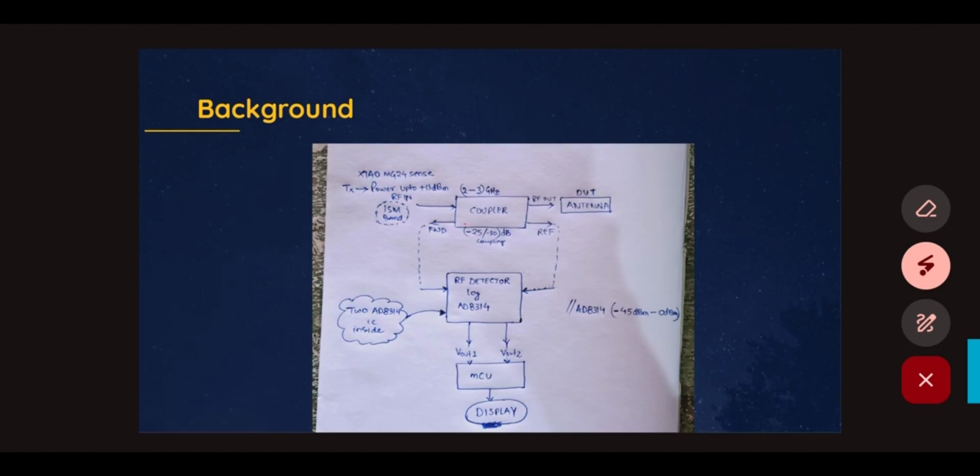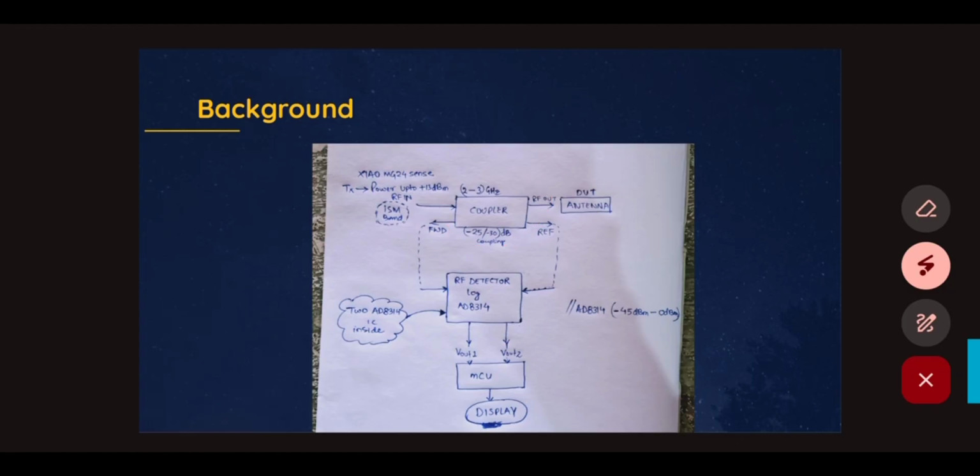All we need is some power in this range to our RF detector IC, AD8314, and it will develop a voltage. So we are calculating the forward power and reflected power of this antenna. This is our device under test, which is connected to the isolated port of this coupler.